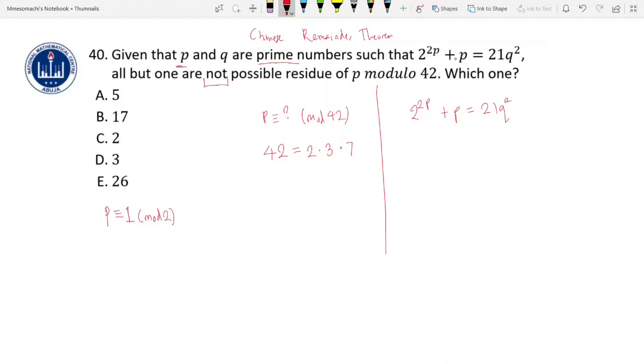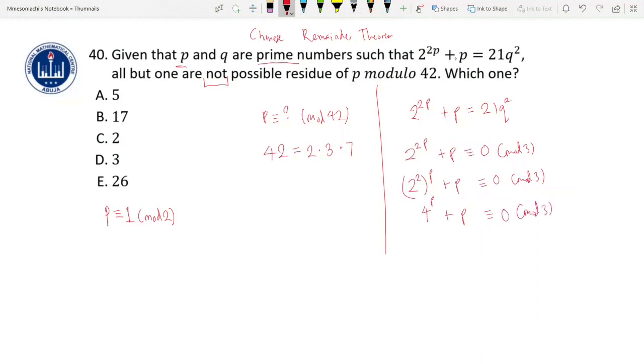So let's continue. We take mod 3 on both sides. We see that 3 divides 21q squared, since 3 divides 21. So we have 2 raised to the power 2P plus P is congruent to 0 mod 3. 2 raised to the power 2 is 4, so I have 4 raised to the power P plus P congruent to 0 mod 3.